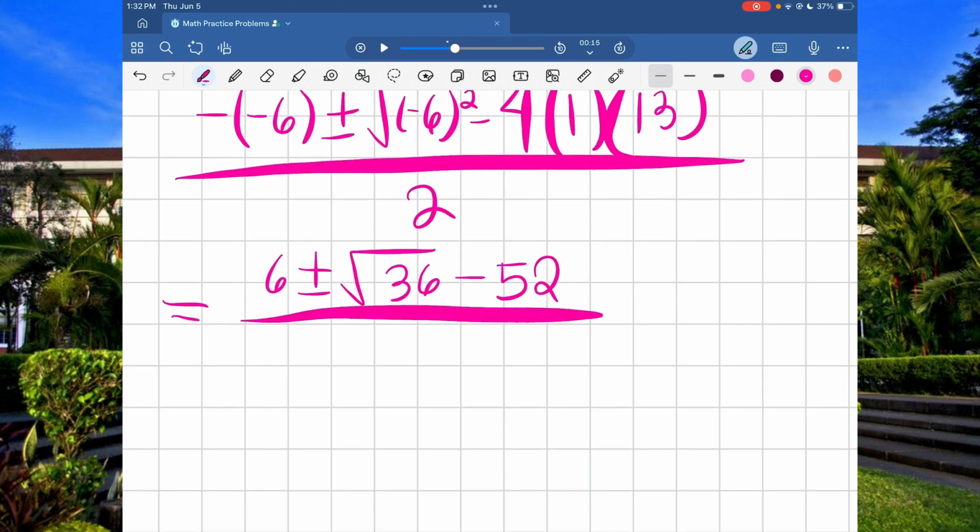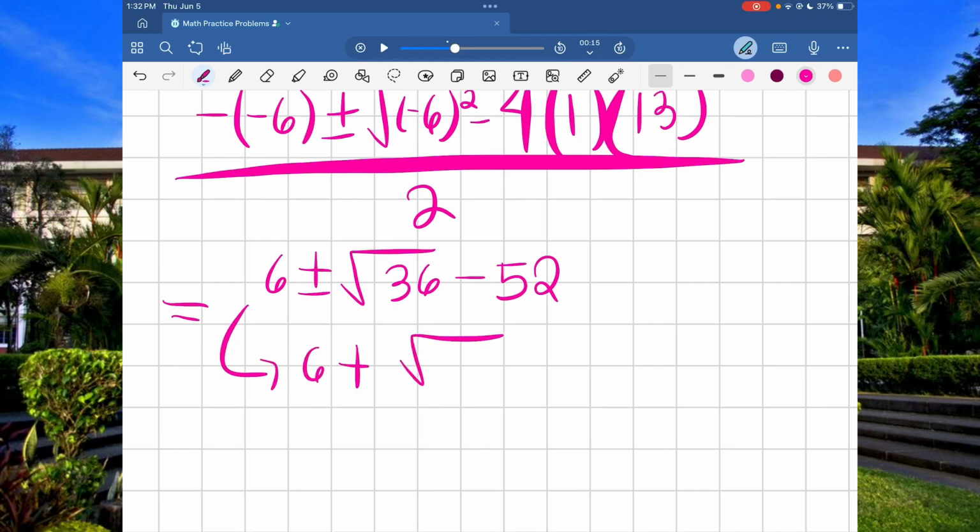So our answer is -52. And then you can just write it faster. So this will be 6 plus or minus square root of 36 minus 52.